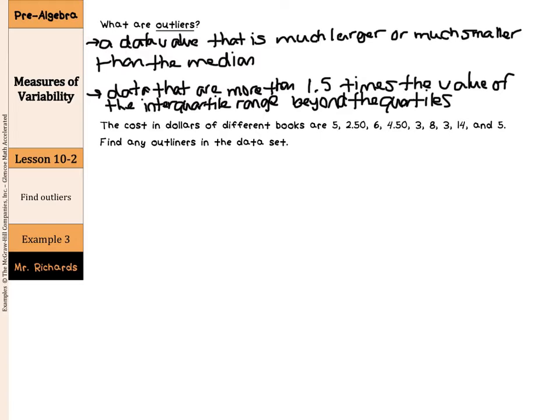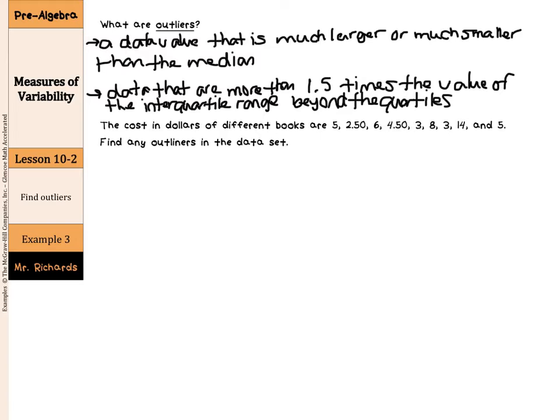So let's practice this now. The cost in dollars of different books are $5, $2.50, $6, $4.50, $3, $8, $3, $14, and $5. Find any outliers in the data set. Well, let's write these in order from least to greatest.